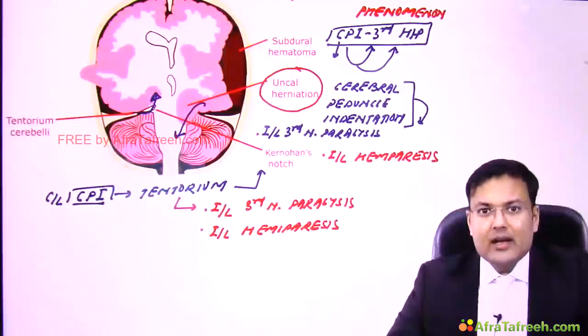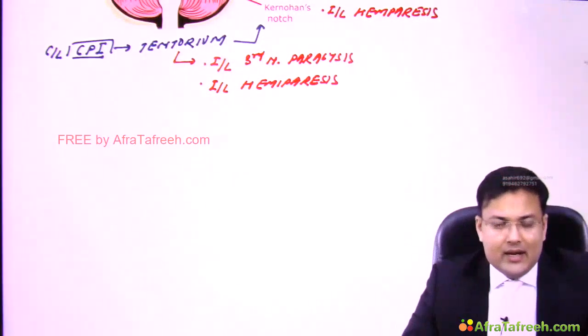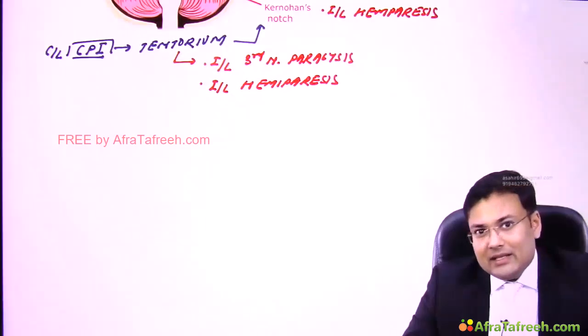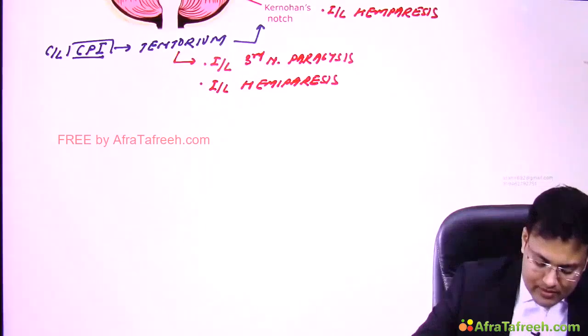Cerebral peduncle indentation leads to ipsilateral third nerve paralysis and ipsilateral hemiparesis. Now see what is Kernohan-Woltman sign. In this case there is positive Babinski sign, and there is hemiparesis contralateral to the original hemiparesis. So what's the problem here?